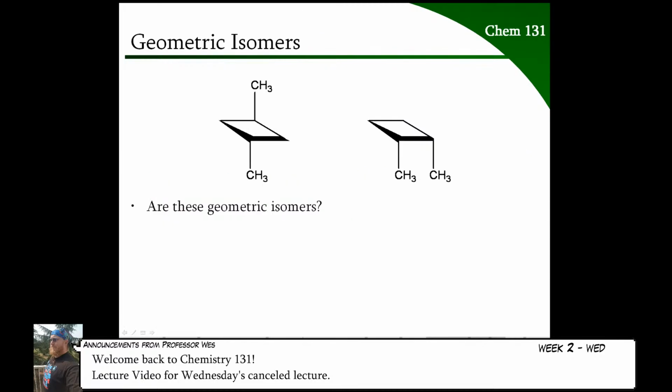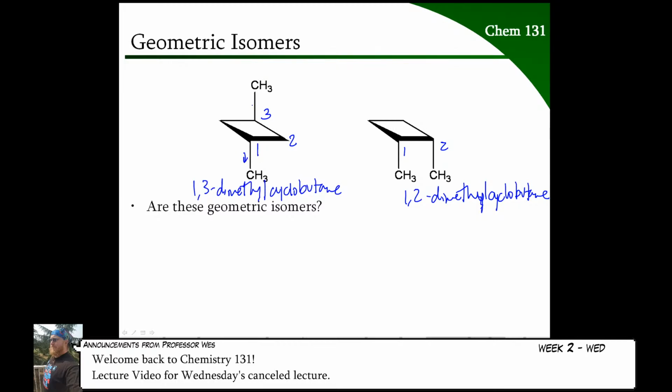But let's look at these two. Are these geometric isomers? 1, 2, 3. 1, 2. So this is 1,3-dimethylcyclobutane. And this is 1,2-dimethylcyclobutane. Now, are they opposite or on the same side?